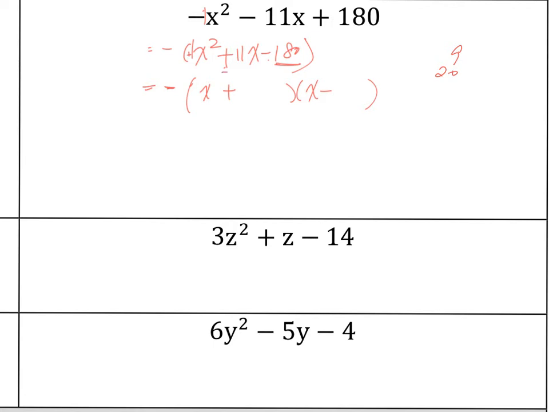And then because this is a positive here, I need a positive 20 and a negative 9. So the 9 would go here and the positive 20. So negative 9x plus 20x makes 11x. Okay, so this is quite tricky here. Don't refer back to the original polynomial and get the positive 20 and the negative 9 switched around. Okay?